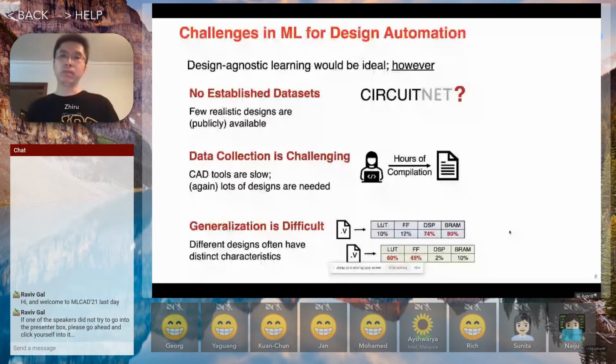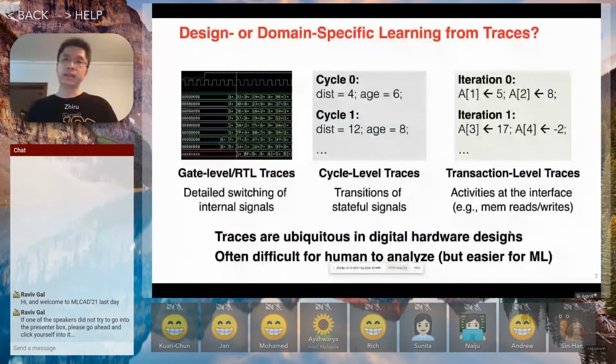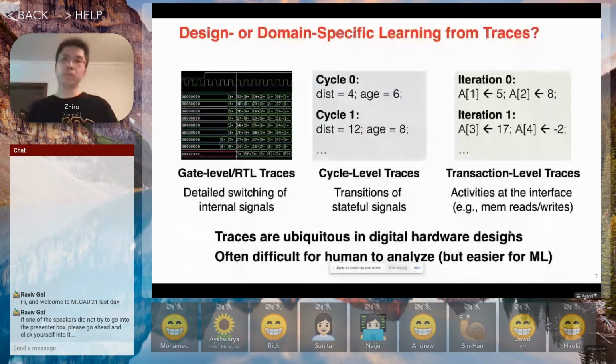We may not even learn anything useful from this set of benchmarks or designs. So these are the obvious challenges. Having said these, maybe it's useful to take a step back and look at design- or domain-specific learning, instead of just focusing on design-agnostic learning.